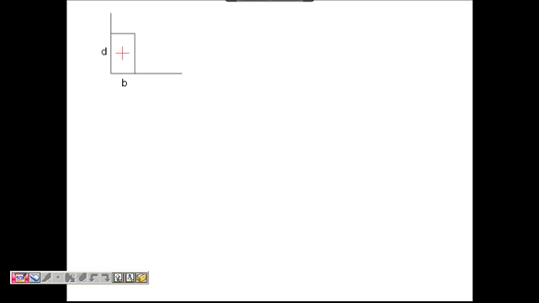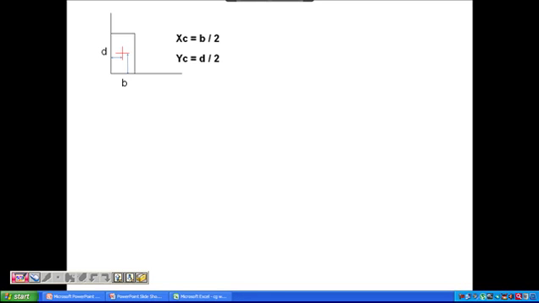I have marked the location of the centroid by a red cross. xc, that is the x coordinate of the centroid, is given by b by 2, and similarly yc, that is the y coordinate of the centroid, is given by d by 2. This is elementary, and it is expected that for the standard figures you already know it.